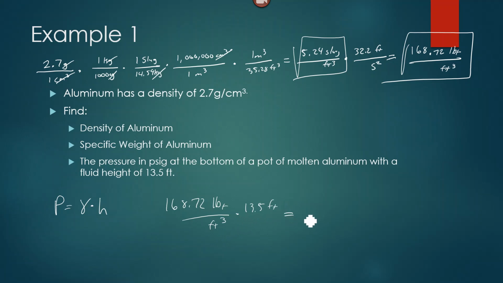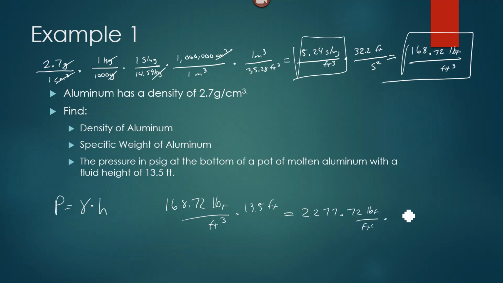We get an answer of 2,277.72 pounds force per foot squared.